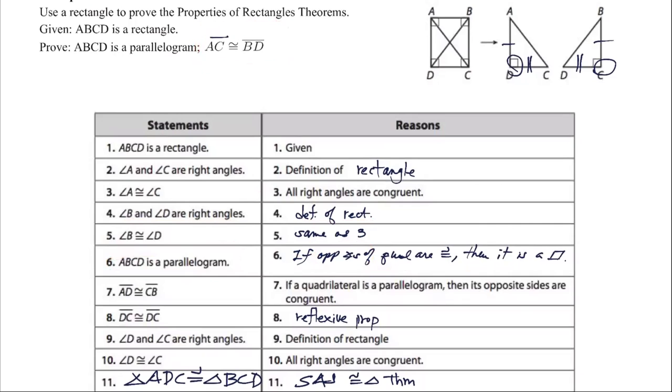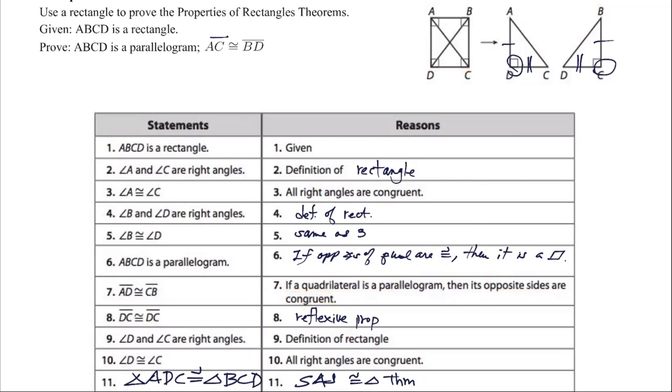Now we're continuing on to show the second part, that the diagonals are congruent. We know that AD and CB are congruent because if a quadrilateral is a parallelogram, the opposite sides are congruent. And DC is equal to itself.